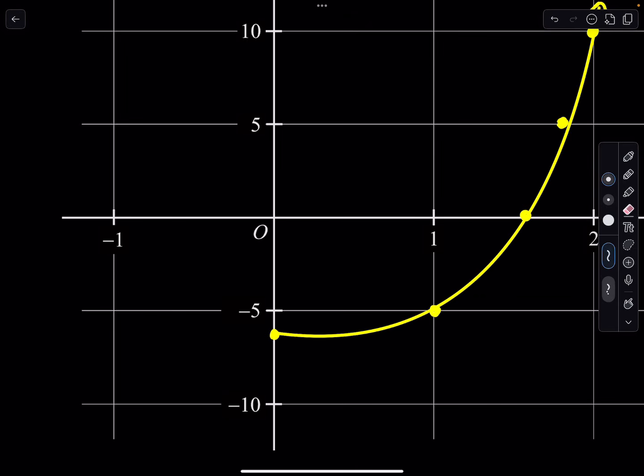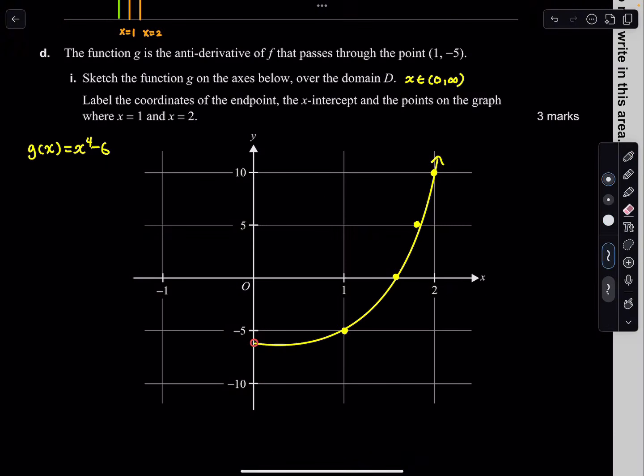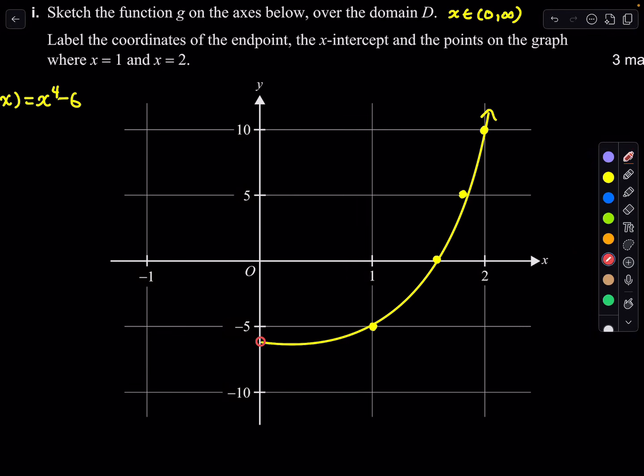This point is not included, so make sure you put an open circle, because they said x is from 0 to infinity, so that's not included. What they told you is to sketch it over that domain and label the coordinates of the endpoints. Now we have an endpoint here, which of course is (0, -6).